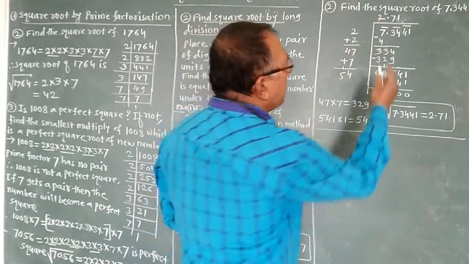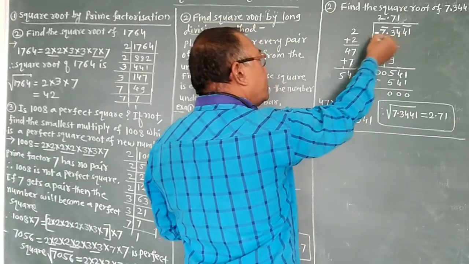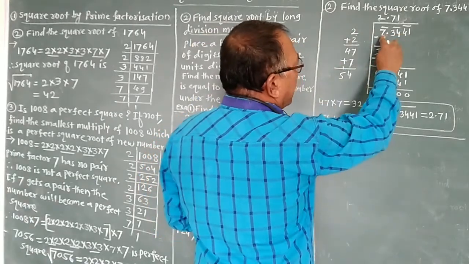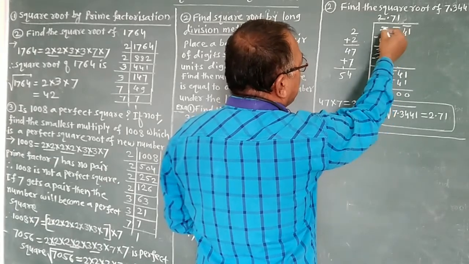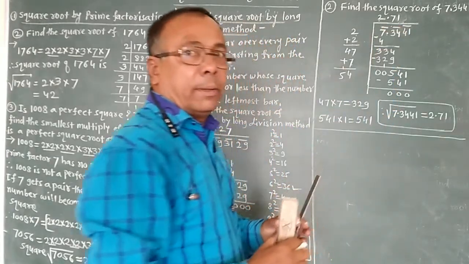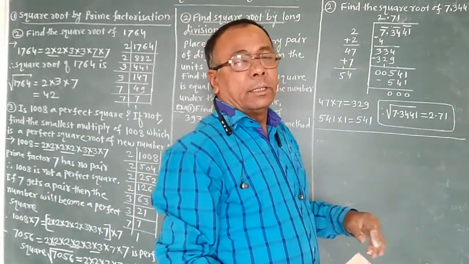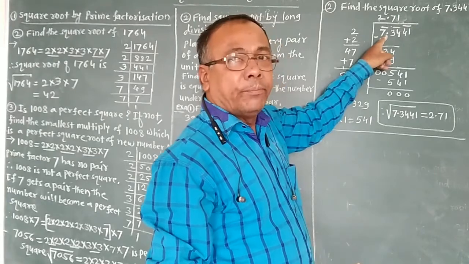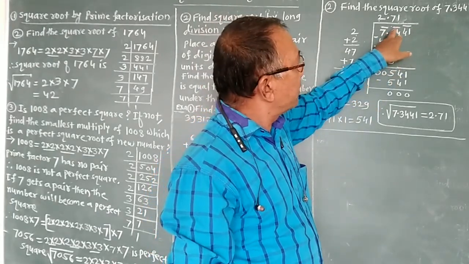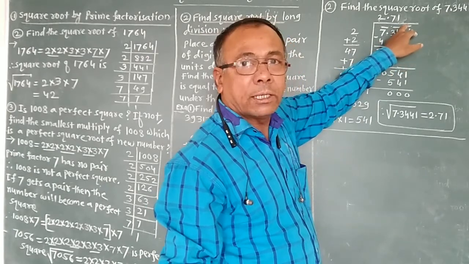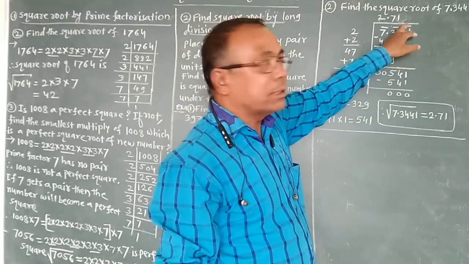From the unit place to the left, there is only one digit, 7, so I have put a bar on 7. To the right of the decimal point, we have to pair two digits: 34 is the first pair and 41 is the second pair.